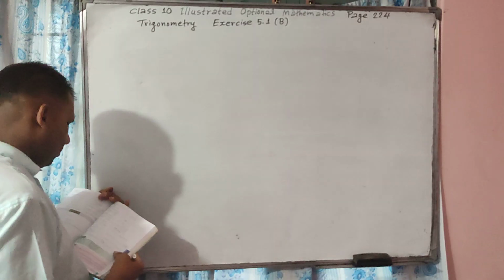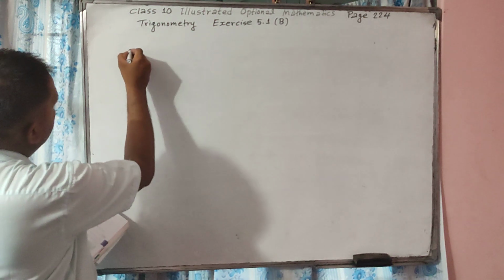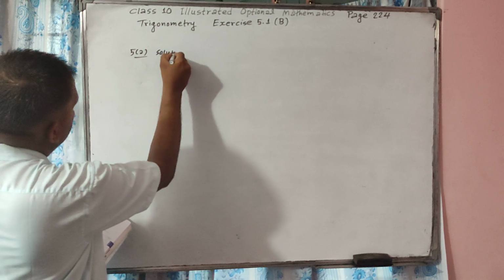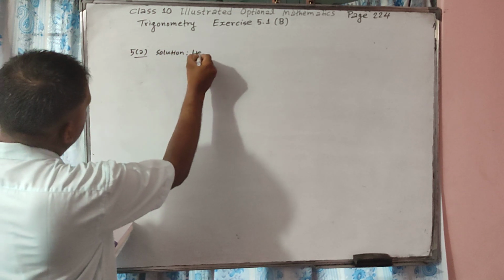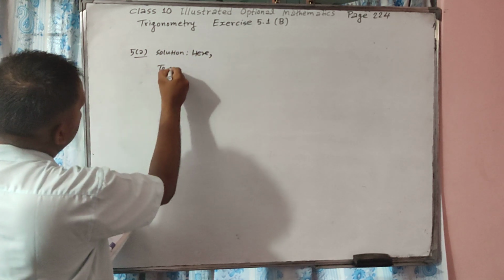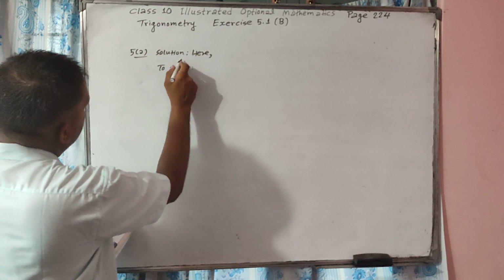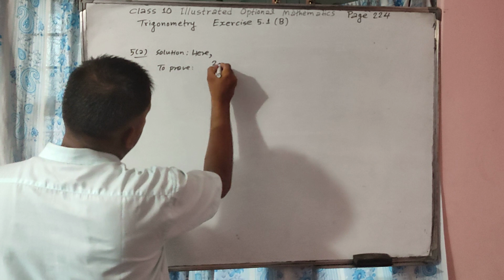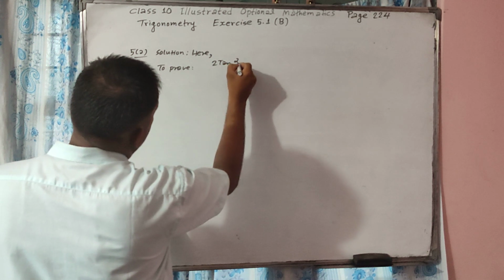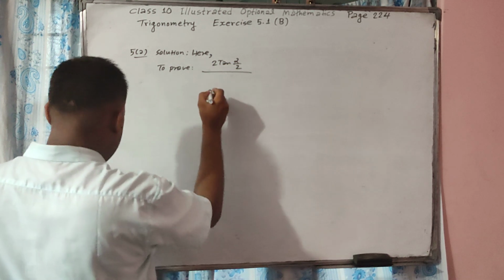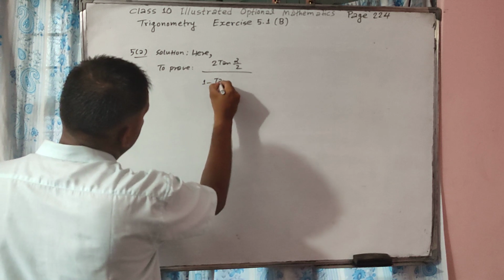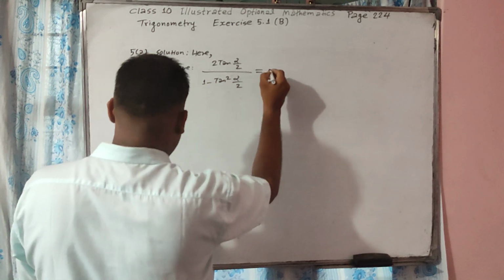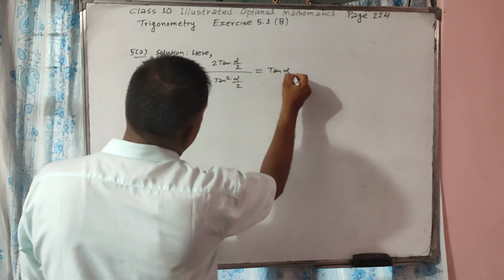On question number 5, A. Solution here: to prove 2 tan alpha by 2 all upon 1 minus tan square alpha by 2, this equals tan alpha.